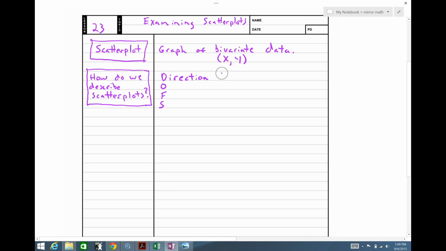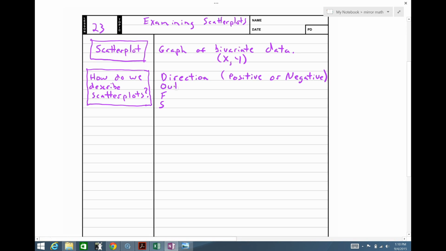Our direction will be either positive or negative. That is, as we read, much like when we describe slope of a line, as we read from left to right, do the points appear to be moving in an upwards direction or a downwards direction?